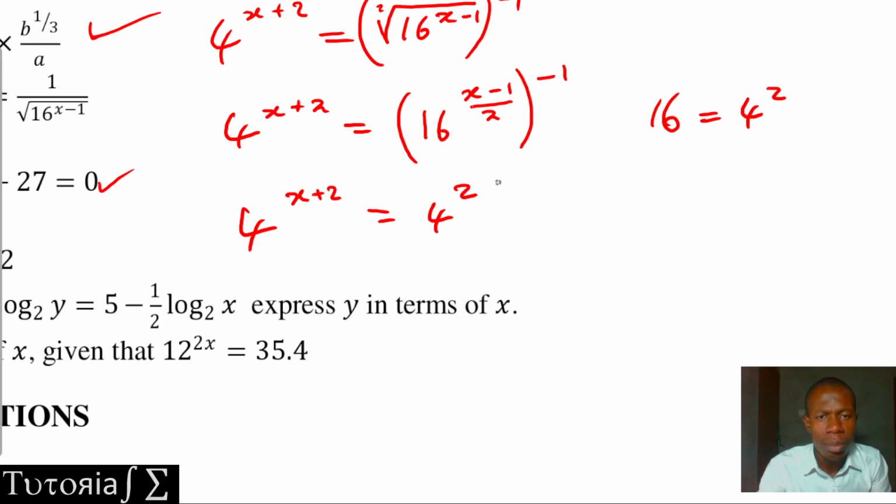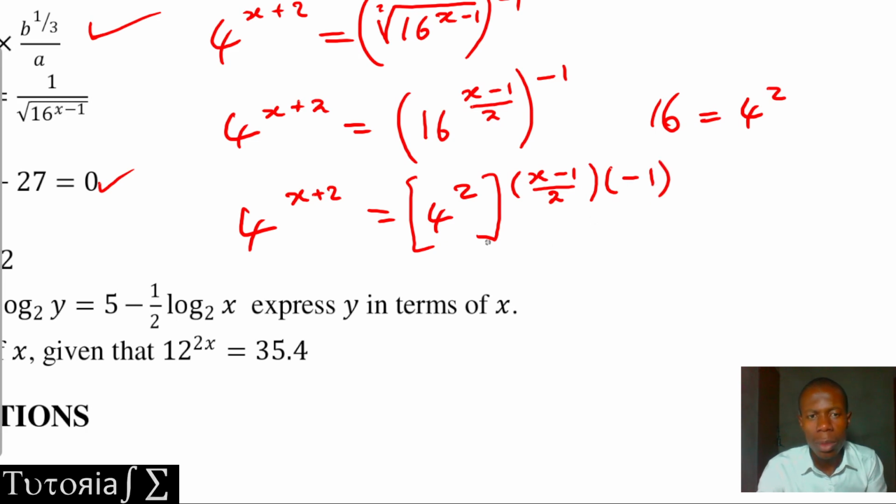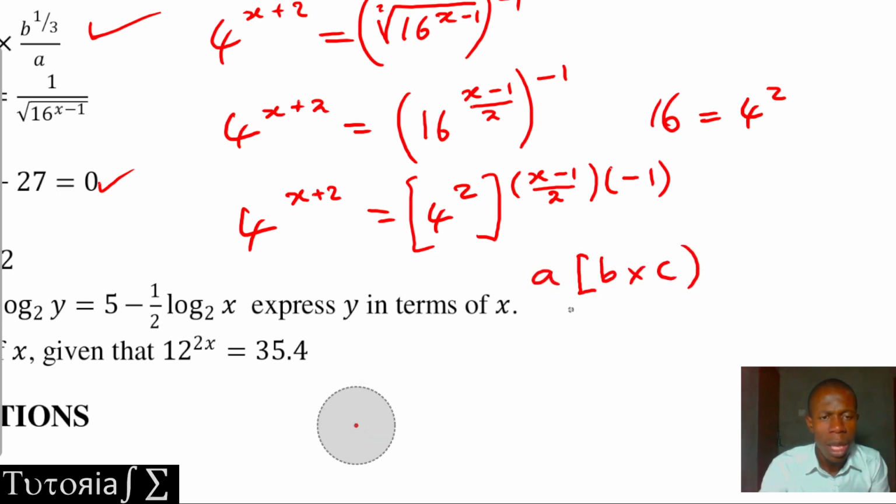Then I'll write this, then to the power x minus 1 over 2 times this negative 1 that is outside here. So this can be multiplied to this. So multiplication, remember, if you have a to the power b, then to the power c, this can simply be written as a and b multiplied to c.